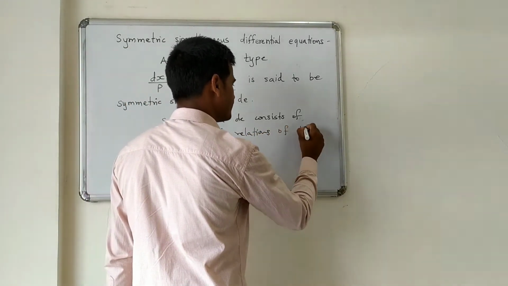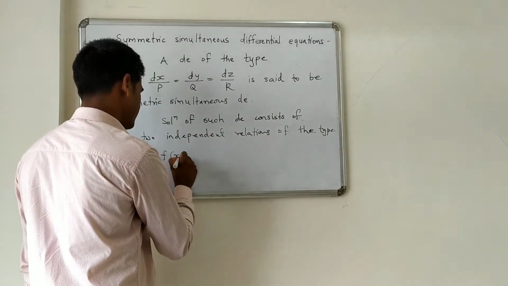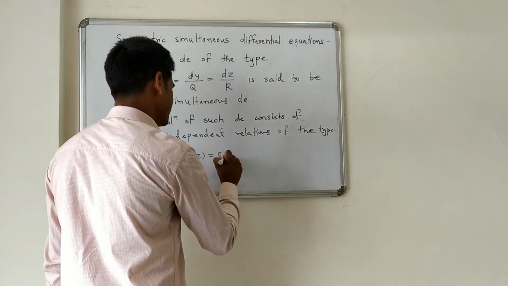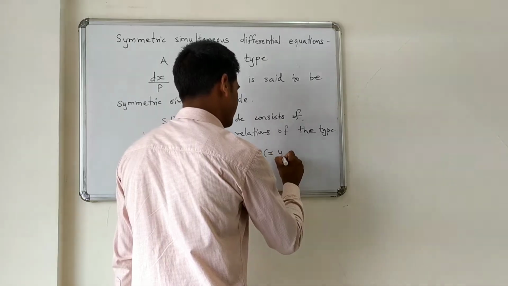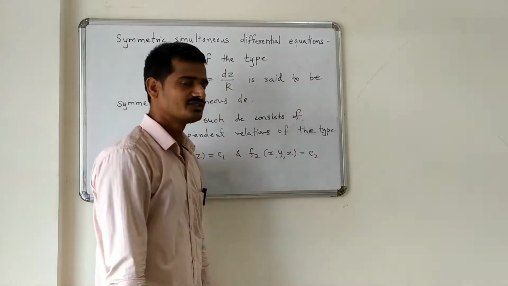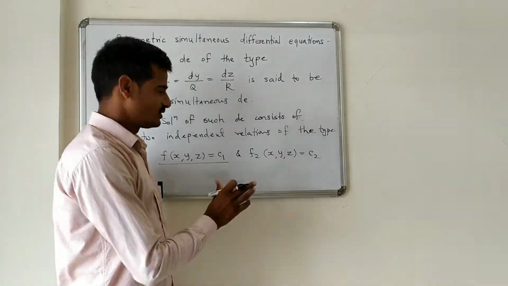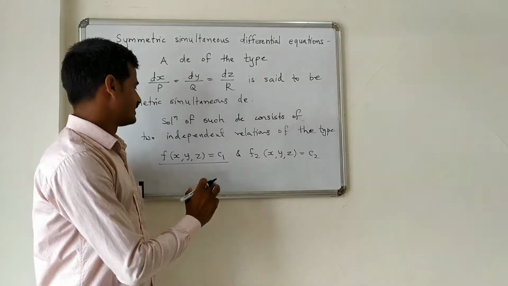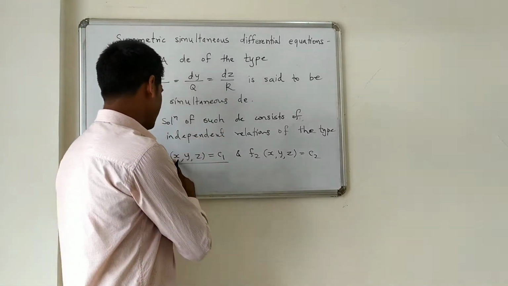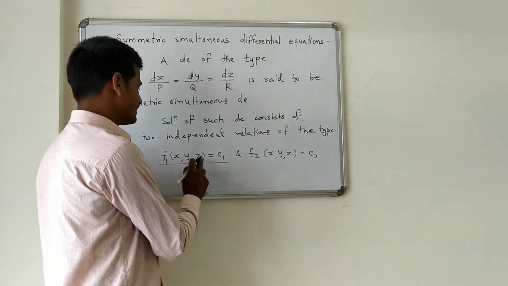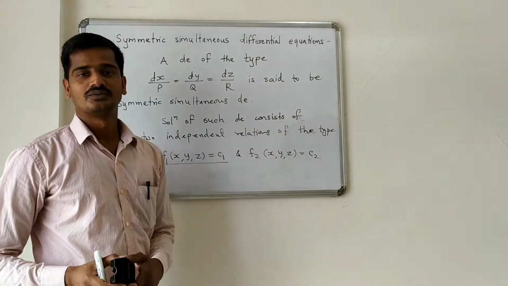Let us say f1 of x, y, z is equal to c1 and f2 of x, y, z is equal to c2. So there are two relations between x, y, z, and this is the solution of such a type of differential equation.